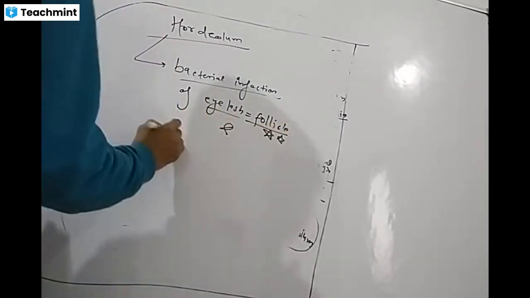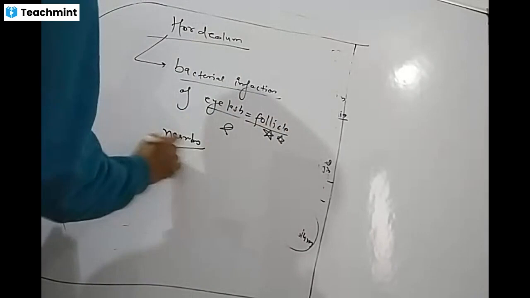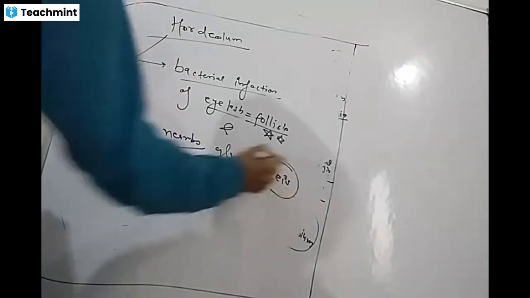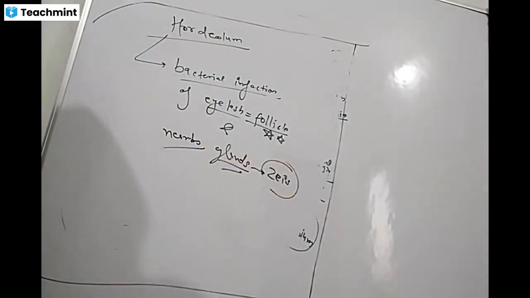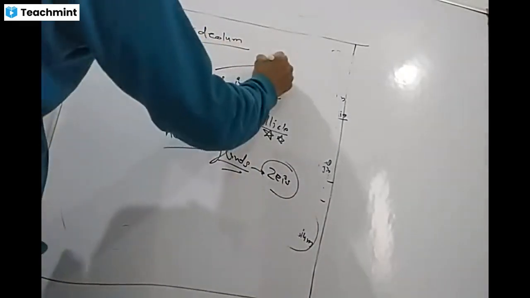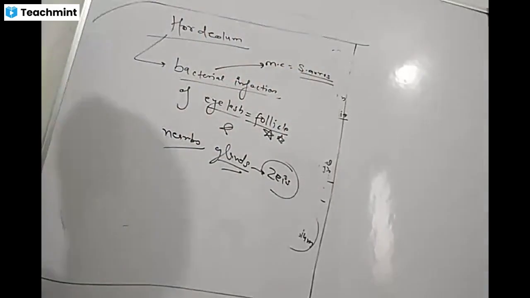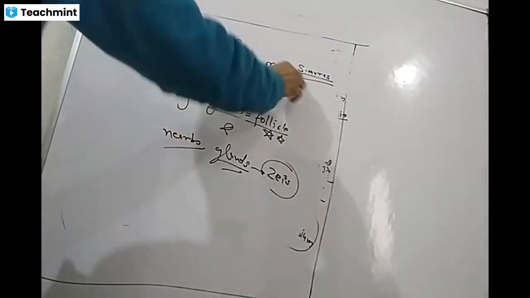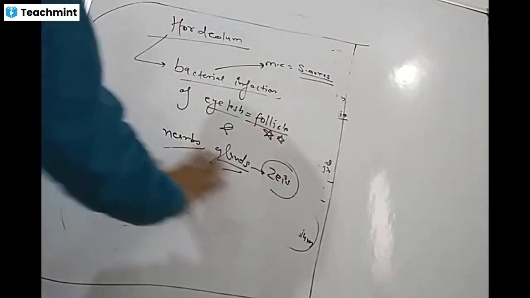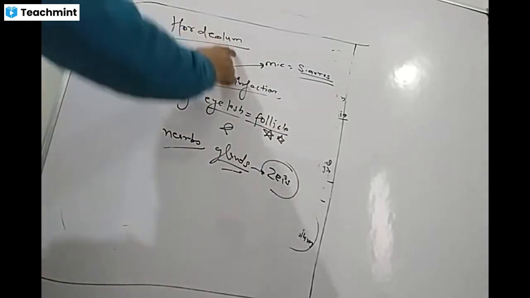And the nearby glands like the gland of Zeis. So which bacterial infection is more common? That is Staph aureus. So when Staph aureus bacterial infection happens to the eyelash follicle or the nearby glands like the gland of Zeis, then this is called hordeolum.